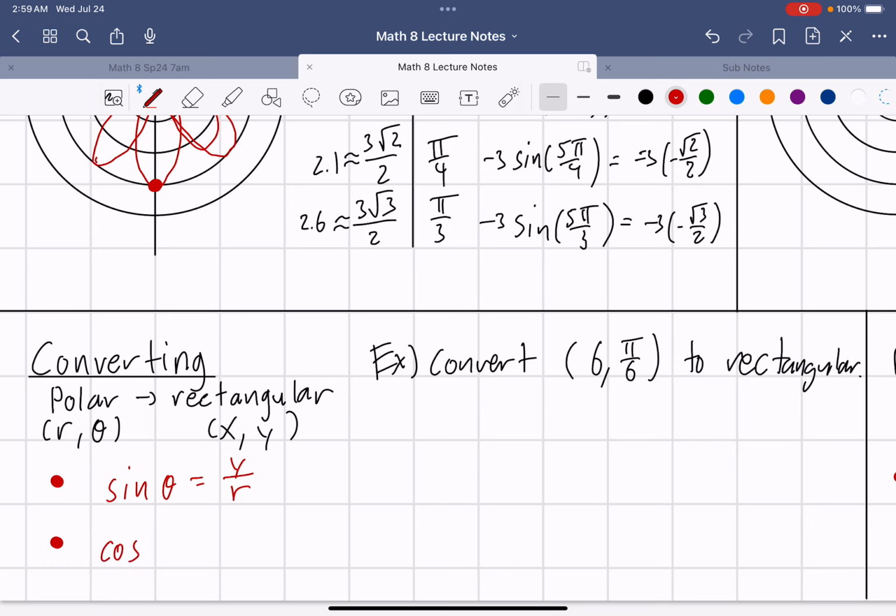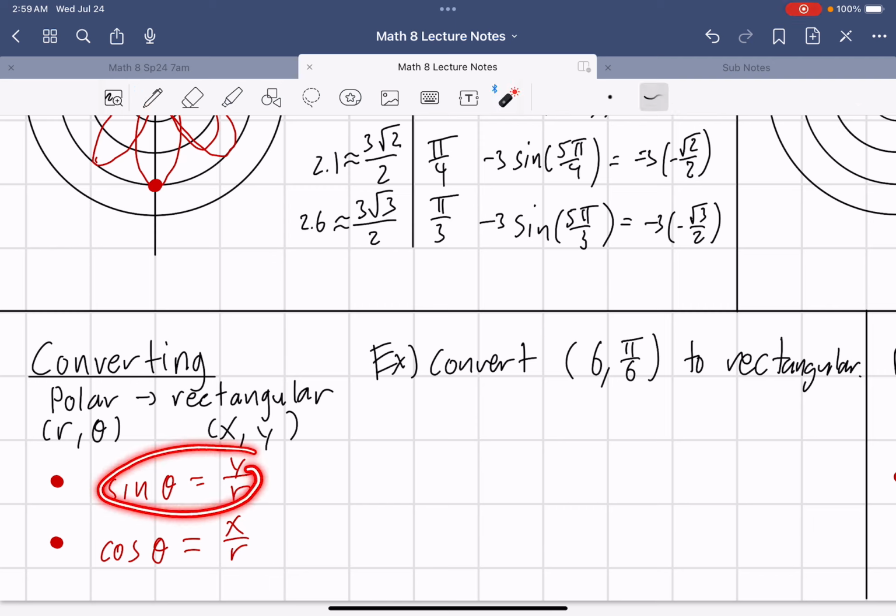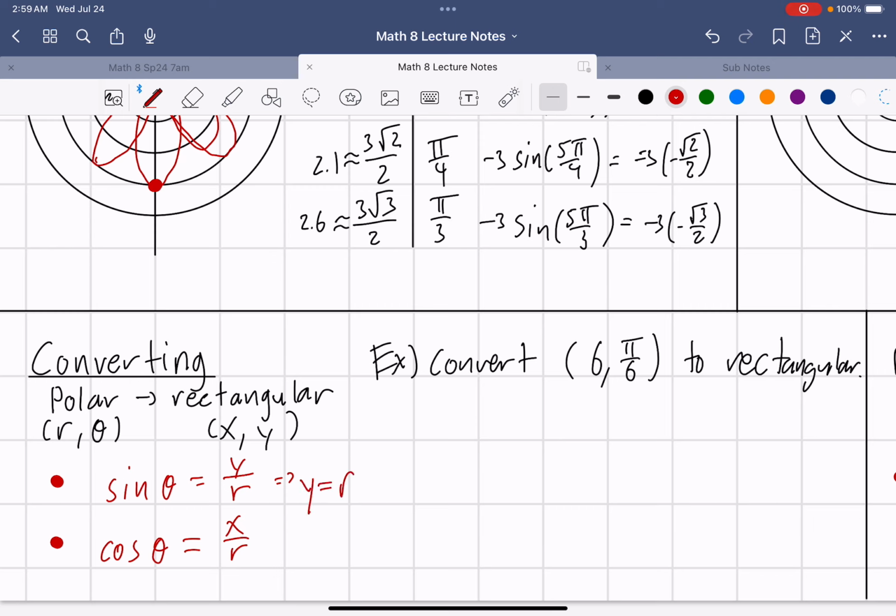But now, we're not sure if we're dealing with a radius of 1. But the idea is finding an equation that has a relationship between these two coordinates to be able to get into rectangular form. And these two can do that perfectly with, of course, a little bit of algebra, right? A little manipulation. You can get y to equal r.